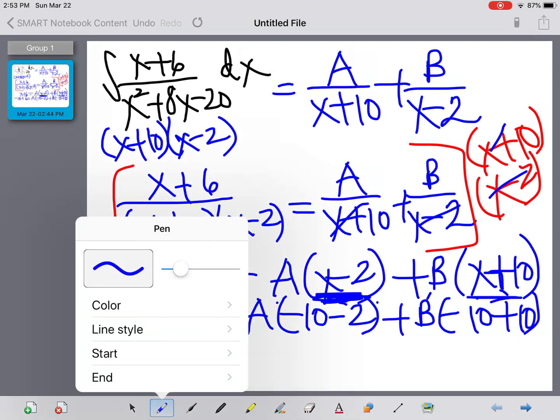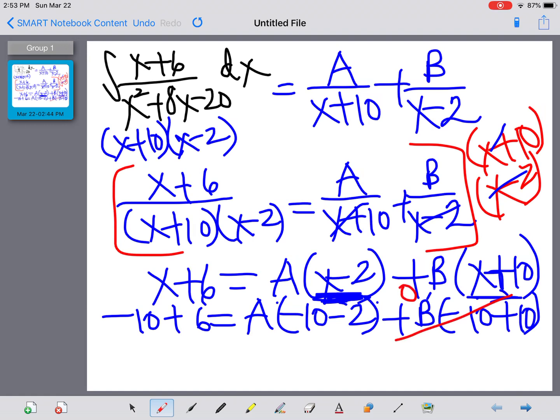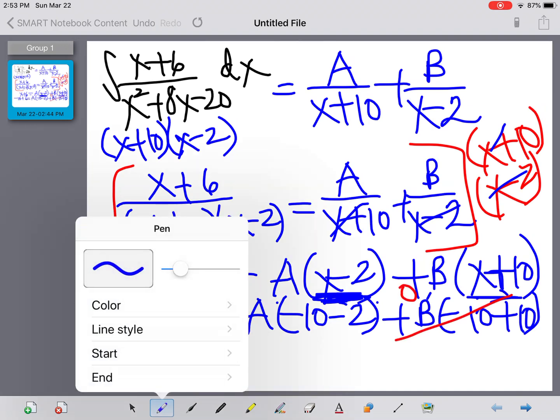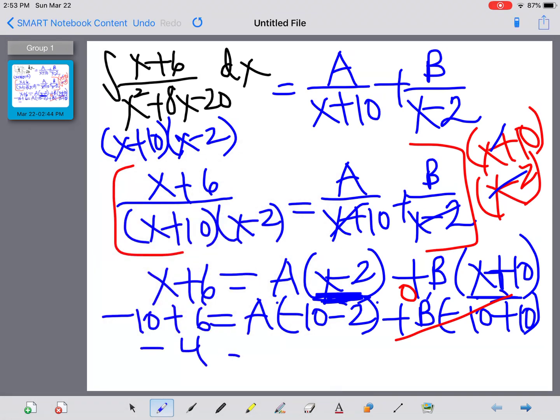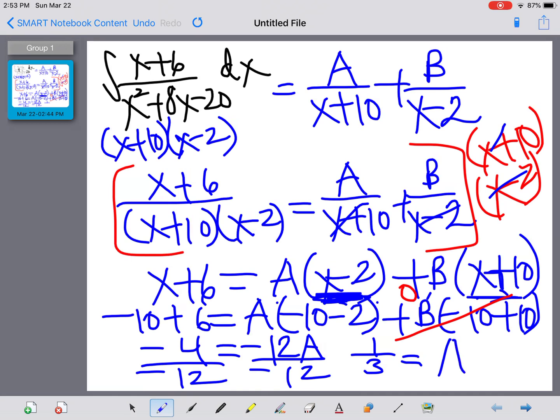Well, we know that this last part will go to 0. And we're left with negative 4 equal to negative 12A. And divide both sides by negative 12 and reduce. And we get 1/3 for A.